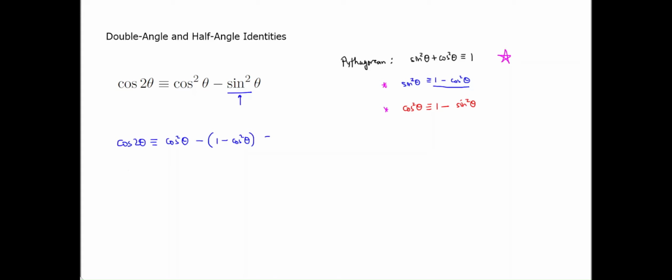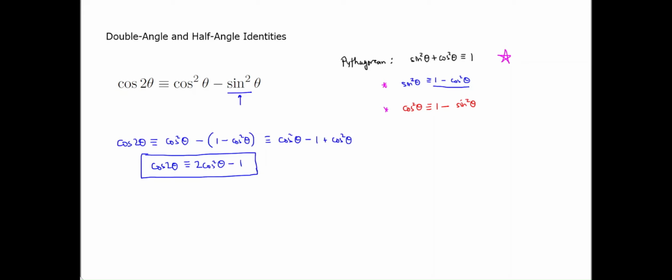Or if we distribute through the parentheses, there's the cosine squared we started with, minus 1, then plus cosine squared theta. So we get an alternative cosine double angle identity, 2 cosine squared theta minus 1. There are times that the original up there is more useful. There are times that this one's more useful.